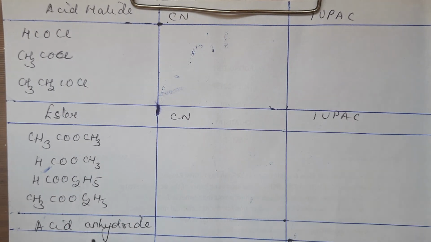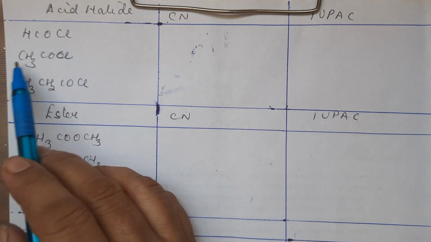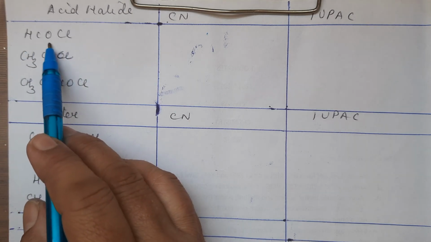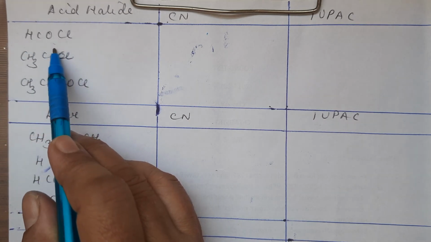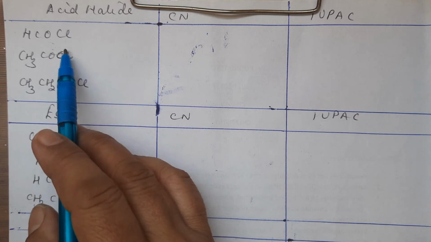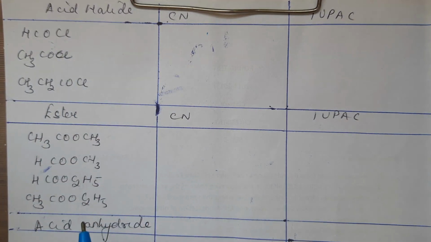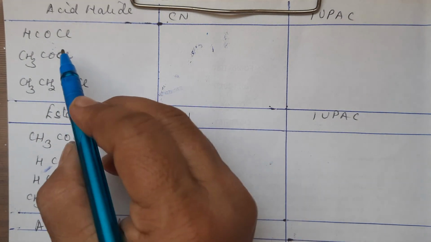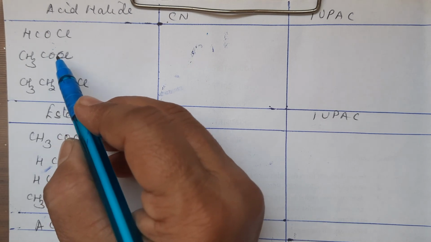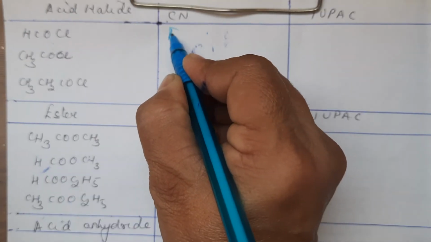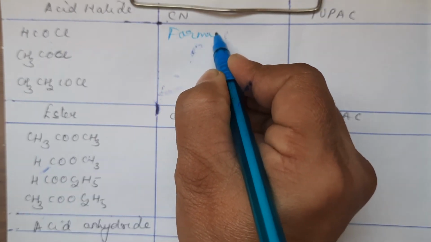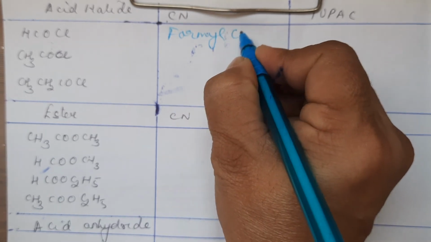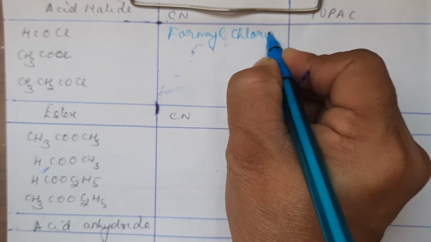Common name, IUPAC name. Acid halide, I told you what is acid halide. Now, this is the first acid halide, obtained from formic acid. Their common names are obtained from the common names of the acid. Like the first acid was named formic acid, this will be named formyl halide. There is chloride, so formyl chloride.